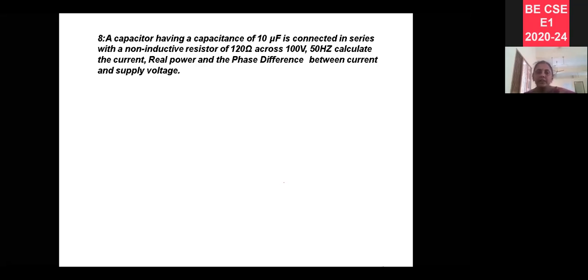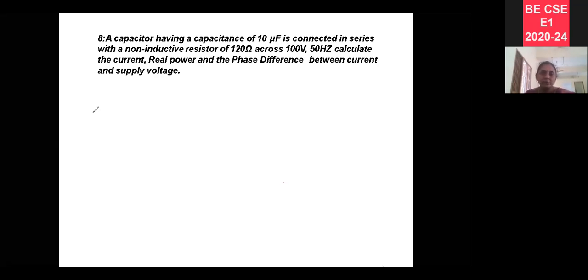Calculate the current, real power, and the phase difference between the current and the supply voltage. Clear? So now the capacitance is given here, connected in series with a non-inductive resistor of 120 ohms. So it is going to be an RC series circuit.